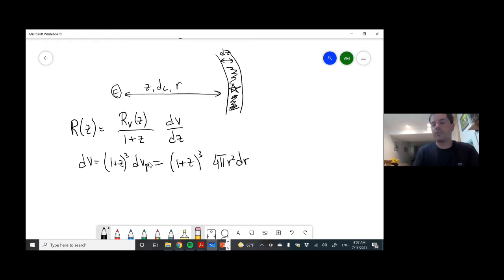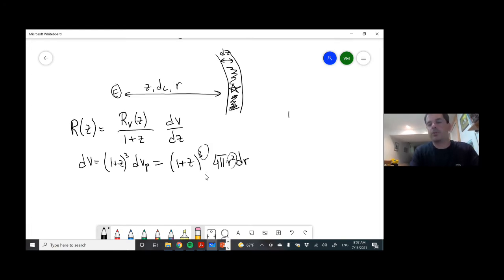So here r is the proper coordinate, and we have r squared and dr, so three powers of r. So we have to scale this by 3 factors of 1 plus z to get the actual volume today. So that's 2 of those powers of 1 plus z and r.